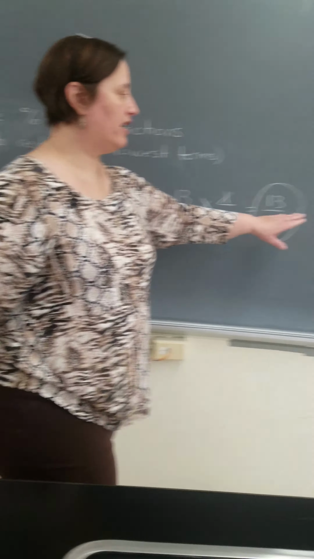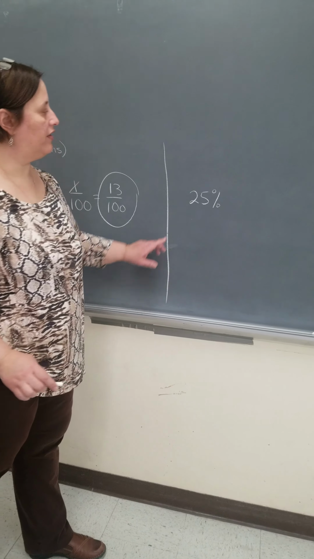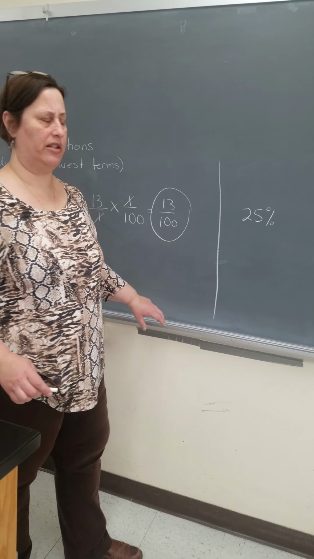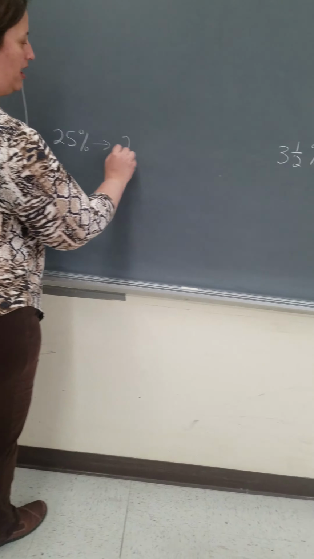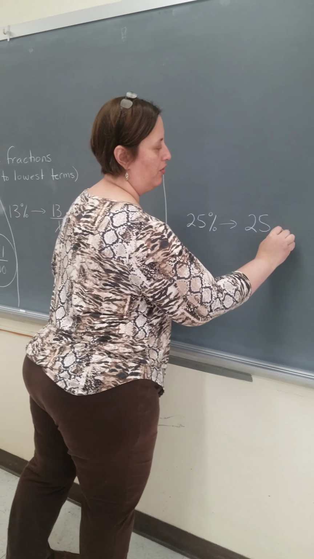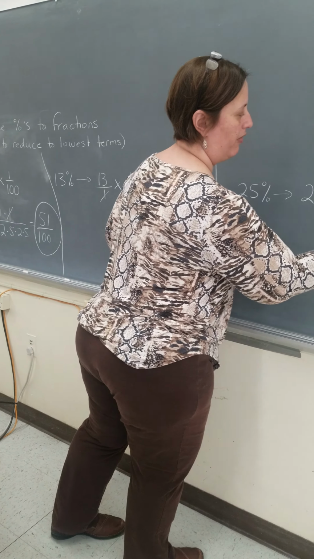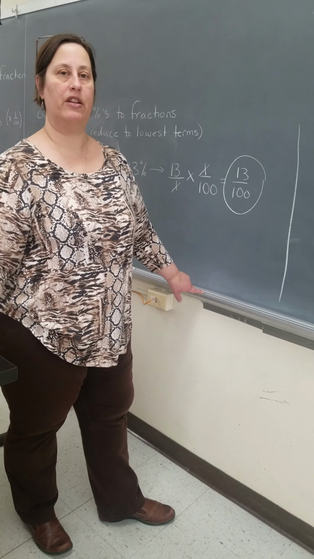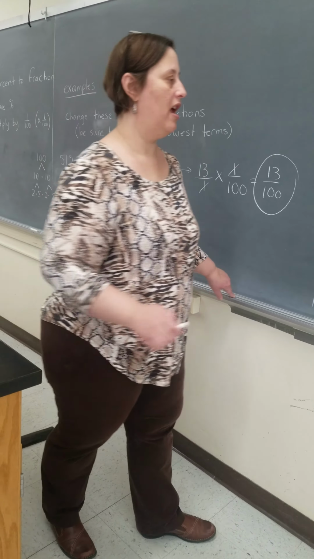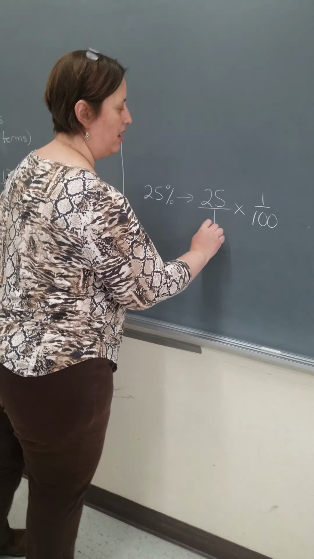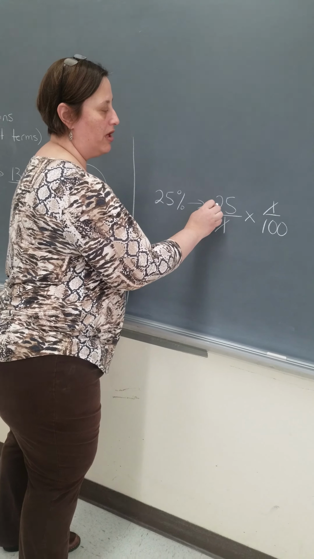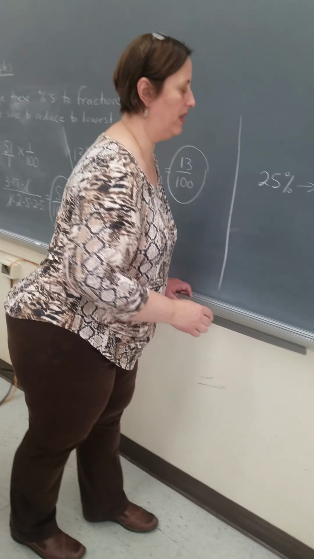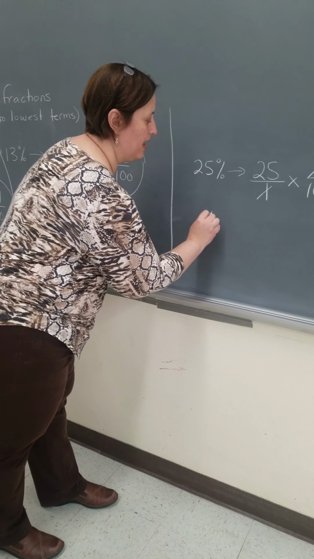Moving on to the next one, 25%. All right, so again, a 2-step process. Step 1, remove the percent sign. Step 2, multiply by 1/100. Just like the previous 2 examples, we're going to put a 1 underneath. We can cross off the ones if we want to. And now we're going to break the 25 down and the 100 down. So 25 is 5 times 5.